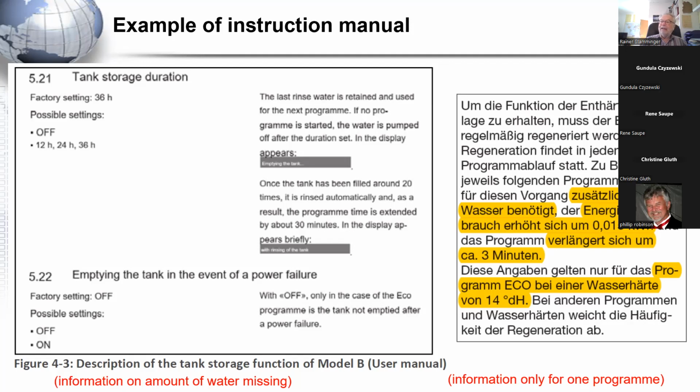So this clearly is a hint of circumvention, that here the manufacturer wants to be measured always with the lowest energy and water consumption. And this is not realistic information for the consumer, as the manufacturer describes that the tank storage should be and could be emptied after a certain time.